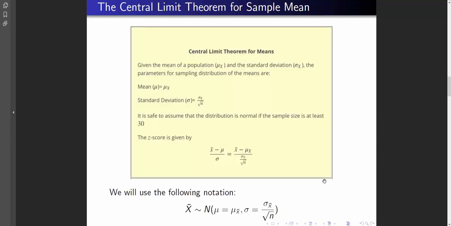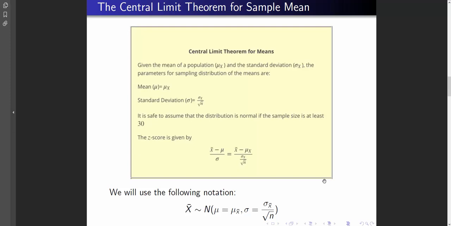So the central limit theorem tells us something incredible. There is a formal, rigorous mathematical statement for the central limit theorem. We will not discuss it in this class. I'm just going to tell you what it says in simple words.